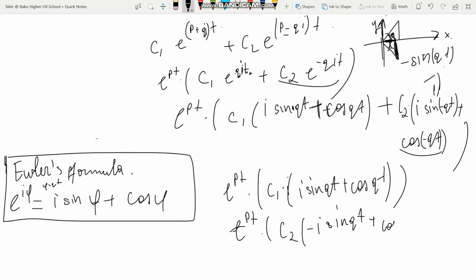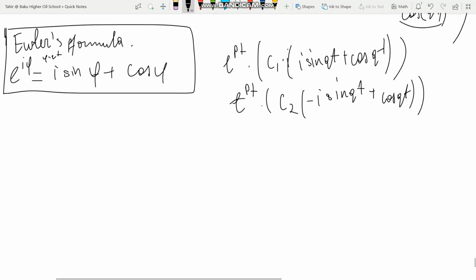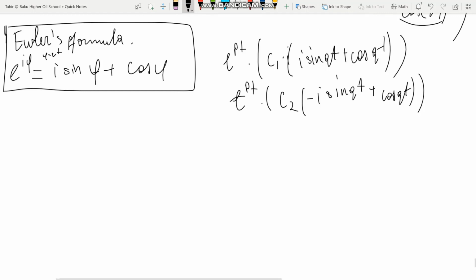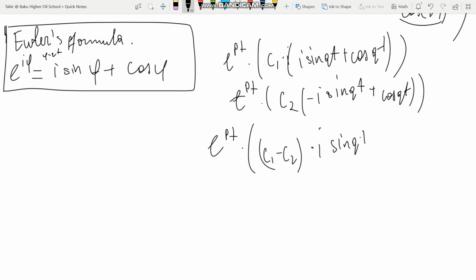Therefore it will be the same as cosine qt. To simplify it, we put the same terms into brackets: e to the power pt multiplied by c1 minus c2 multiplied by i sine qt plus c1 plus c2 cosine qt.